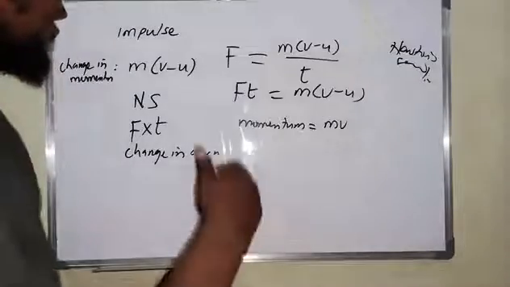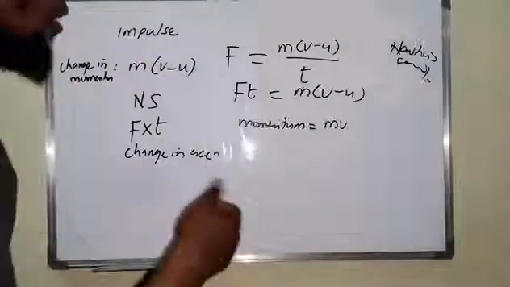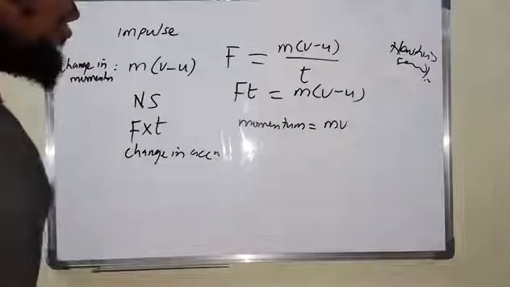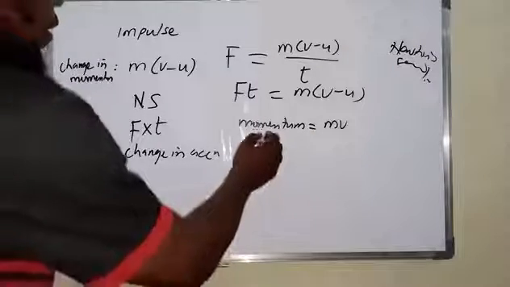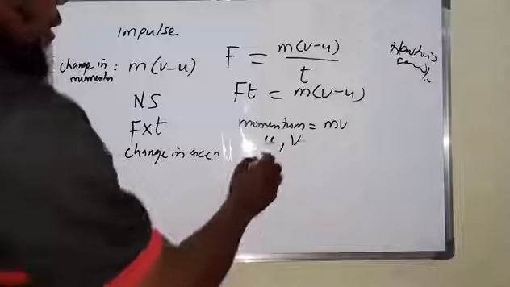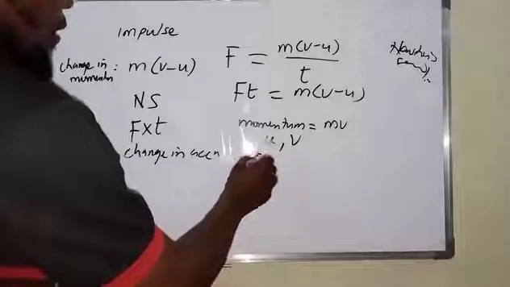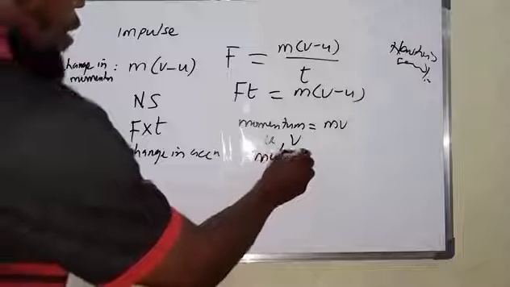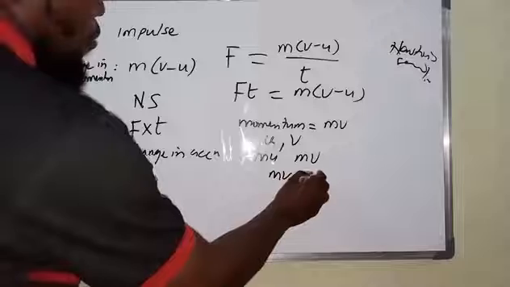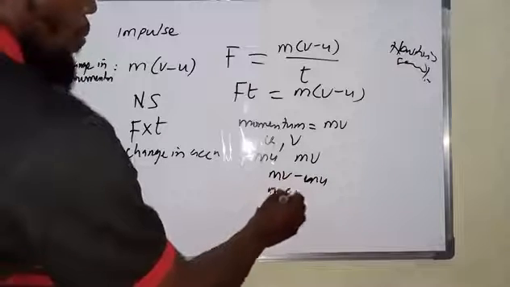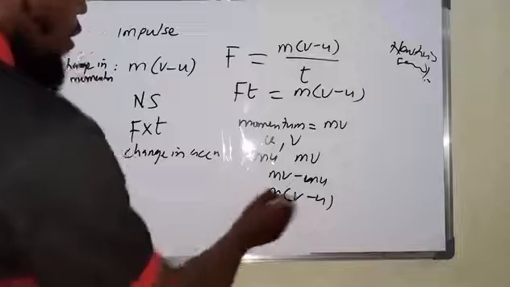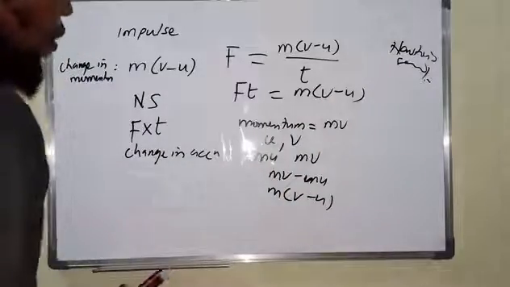If it starts with a velocity of u and then changes its velocity to v, it had a momentum of mu and then mv. So the difference is mv minus mu. m being a common factor, you can have m(v minus u). So this is the change in momentum.